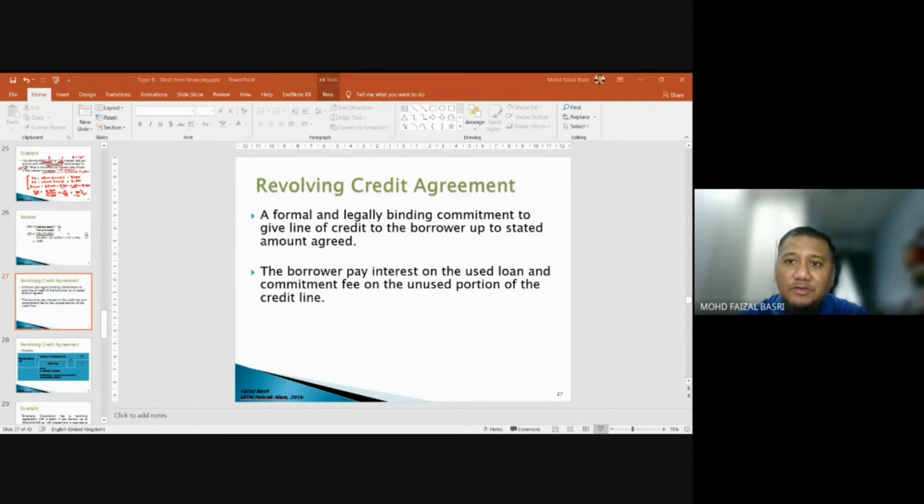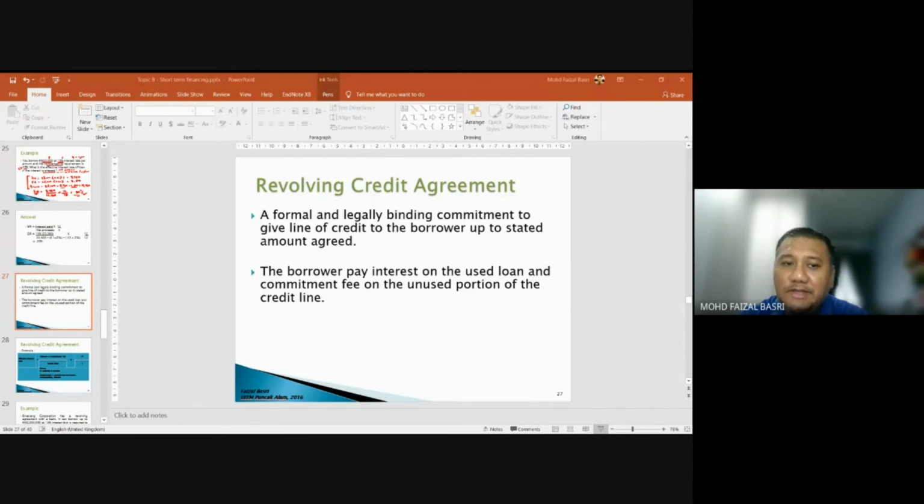This question also has CB. What was the CB? The CB is 10%. And this 10% again is not based on the whole amount, it's based on the amount borrowed, which is 800,000. 800,000 times 10%, 0.1, is 80,000 ringgit.